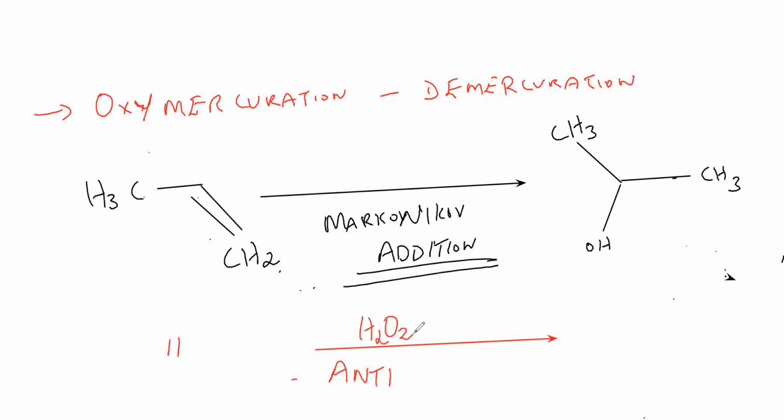If you see H2O2 or hydrogen peroxide, then I'm just writing peroxide, because if it is the anti-Markovnikov rule, peroxide will come. But again, there will be less number of hydrogen substituents here. That's the only thing.